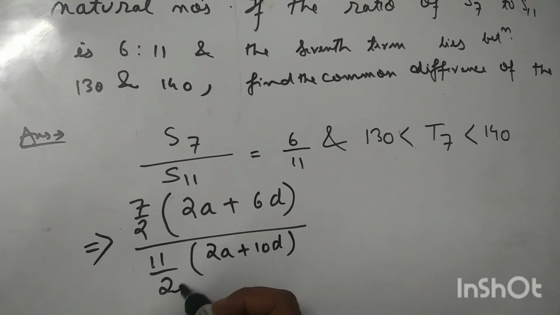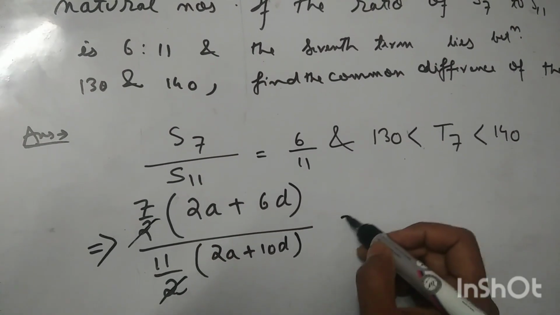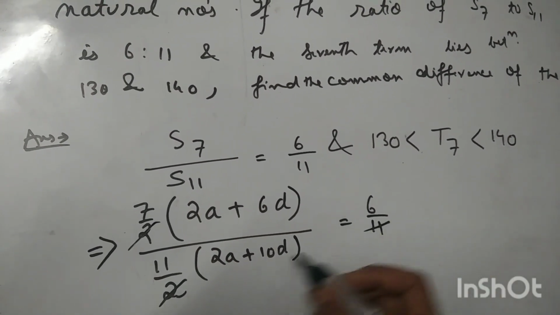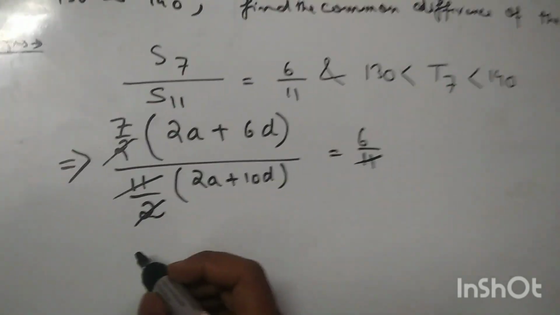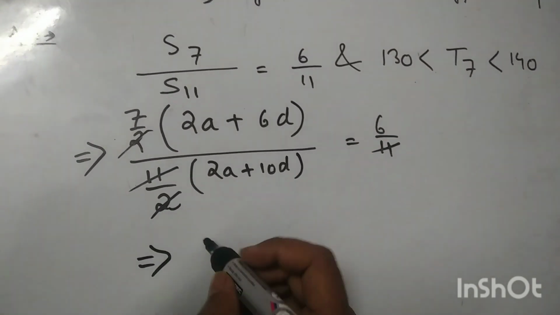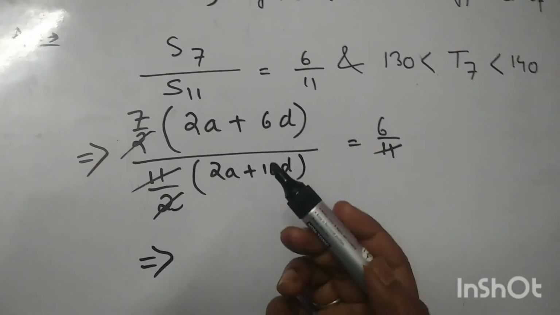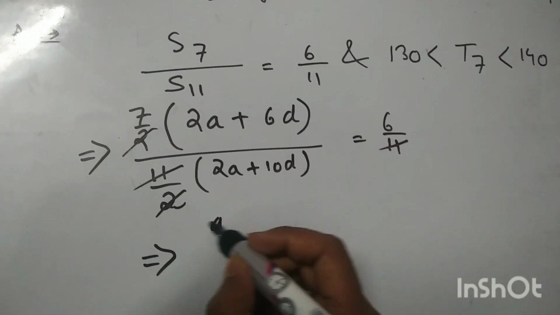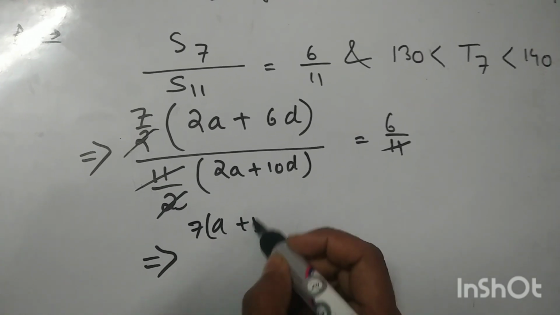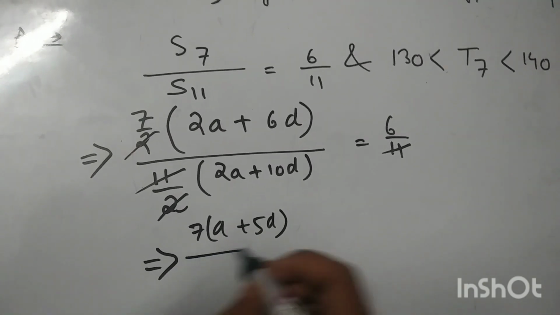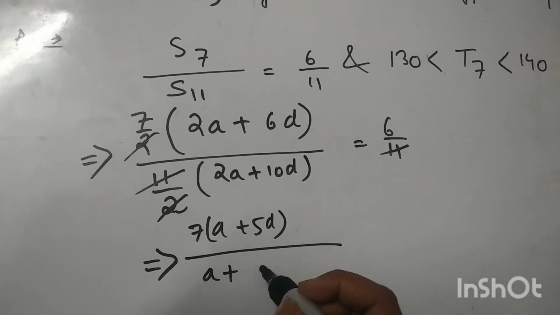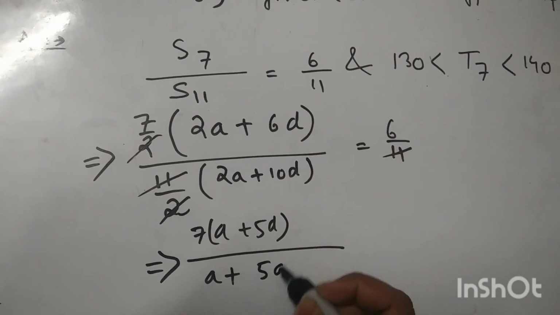So this 2 gets cancelled. This 11 gets cancelled out. So what we get is, and 2 from both cancels out, right? So we get 7 into A plus 3D divided by A plus 5D.